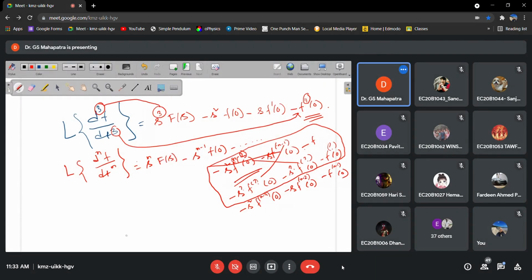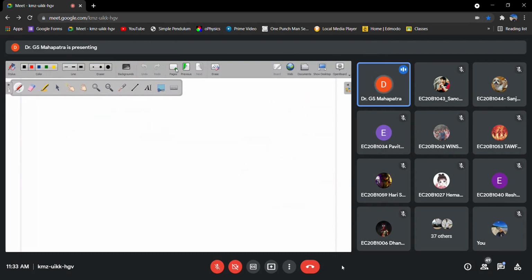Now we will consider one application. New page. Applications of Laplace transform. Similarly, integration also we can find, the Laplace transform of integration. I will come to that later on. First, we'll consider one application. If I give one differential equation, easily you can solve using so many methods.